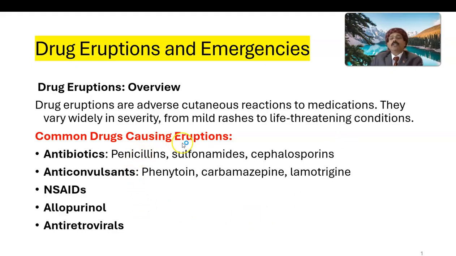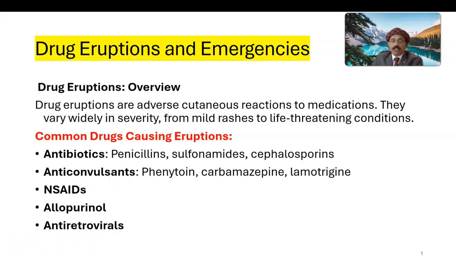Common drugs causing eruptions: antibiotics like penicillin, ampicillin, amoxicillin, sulfonamides, cephalosporin, anticonvulsants like phenytoin, carbamazepine, lamotrigine, NSAIDs, allopurinol, antiretroviral drugs.